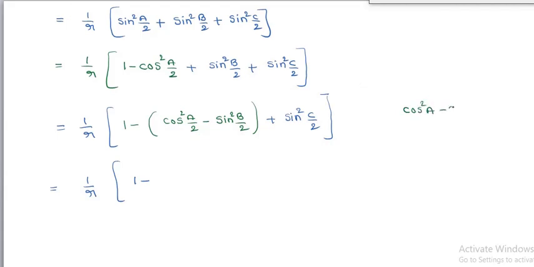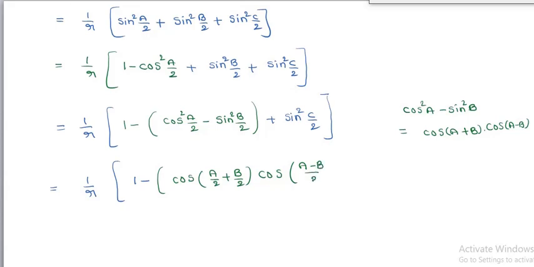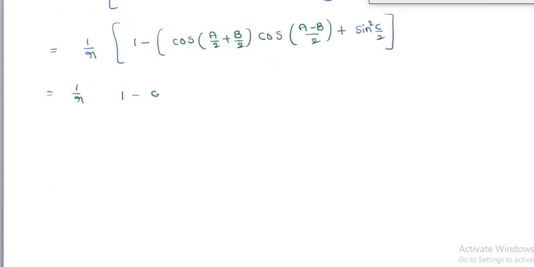Cos square A minus sin square B formula is actually cos of A plus B into cos of A minus B. So cos of A/2 plus B/2, cos of A/2 minus B/2, plus sin square C/2. The denominator is the same.